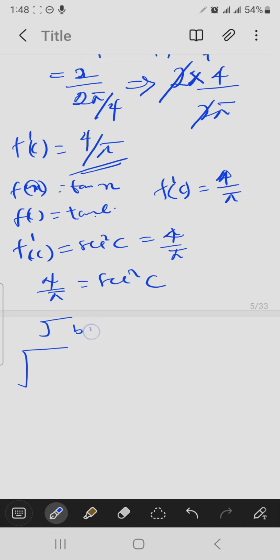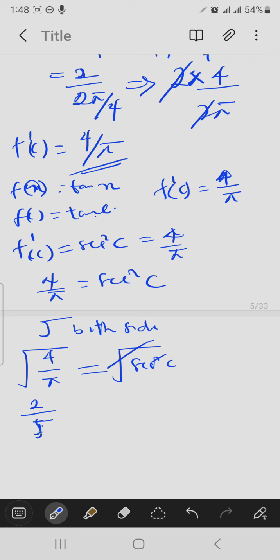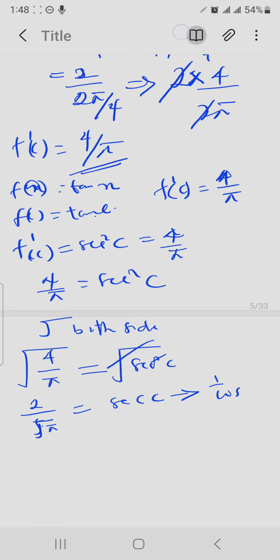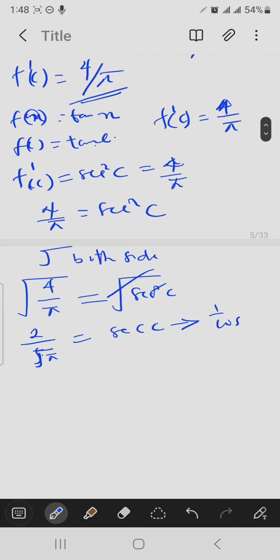So this one is going to be square root of 4 over pi equals to square root of sec square C. This one cancels this. So this one will now be 2 over square root of pi equals to sec C. Now in trigonometry, sec is 1 over cos. So this one will now be 1 over cos C. I hope you understand it. So this one will now be 2 over root pi equals to 1 over cos C.